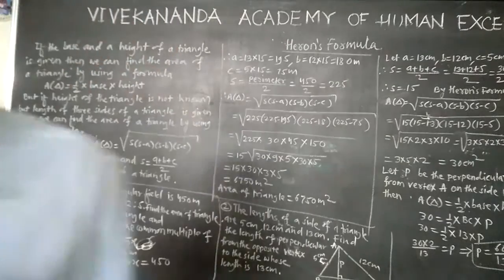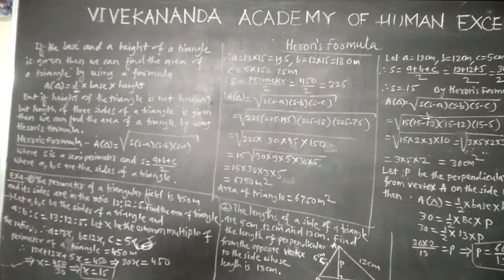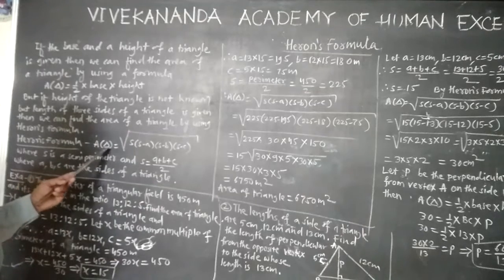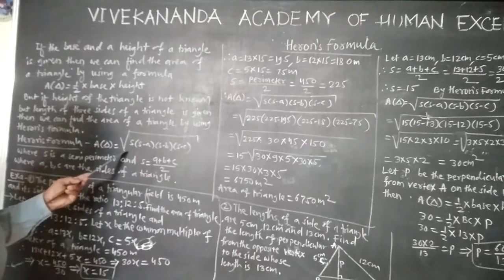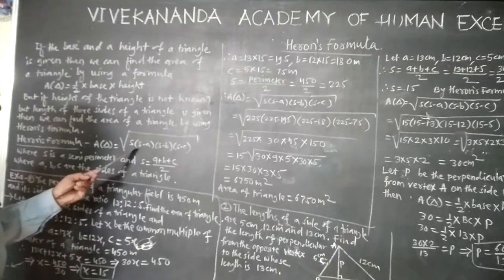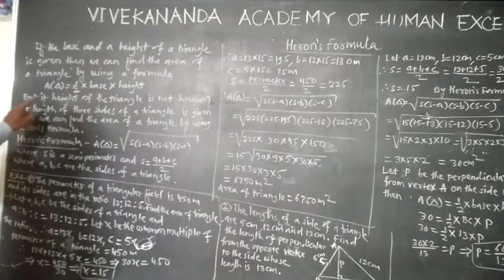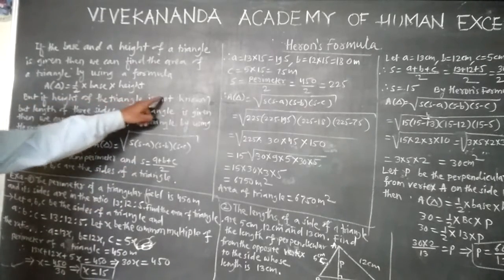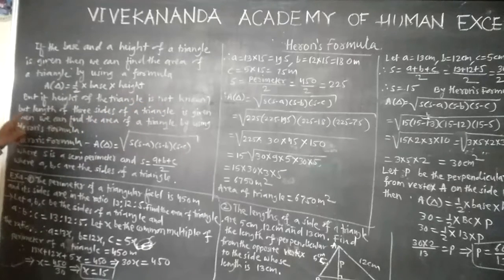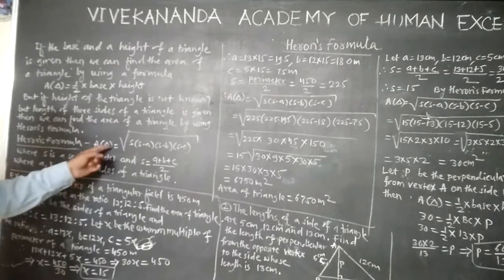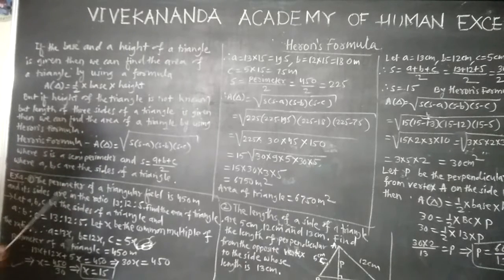Here Hero's formula: area of triangle is equal to under root S into bracket S minus A, S minus B and S minus C. Means if height of the triangle is not known, but the lengths of the 3 sides of the triangle are given, then we can find the area of the triangle with the help of Hero's formula.